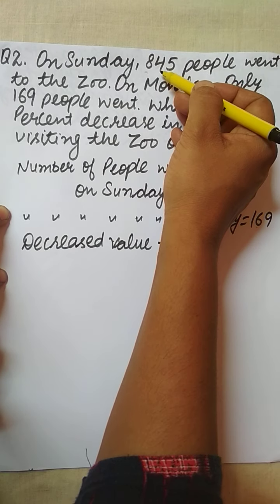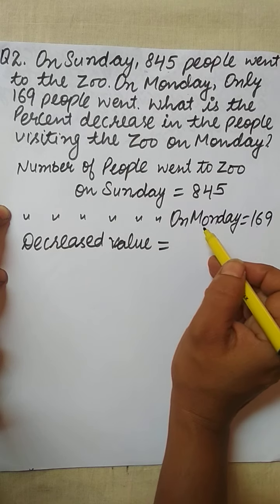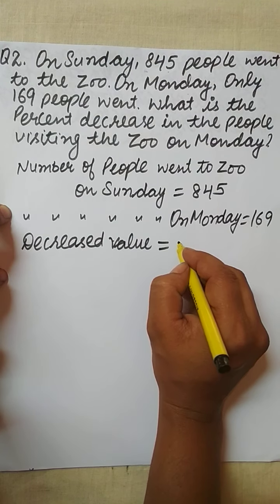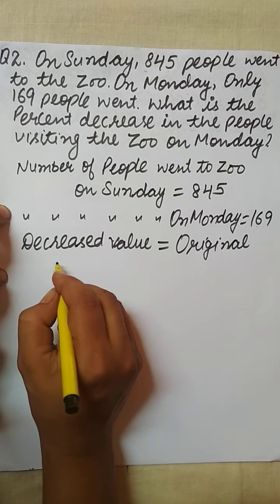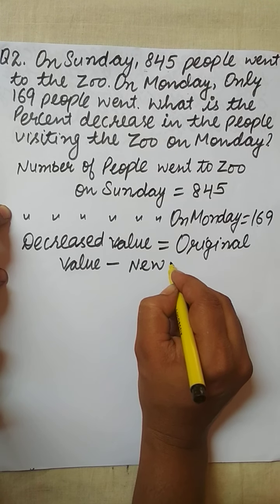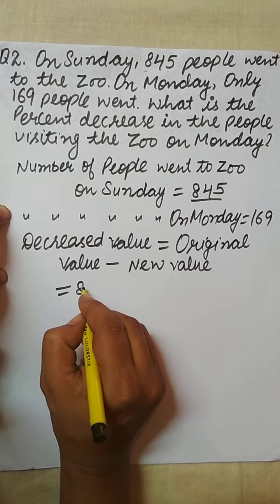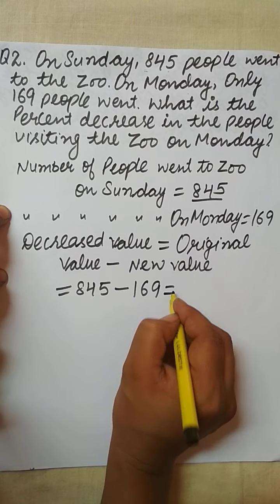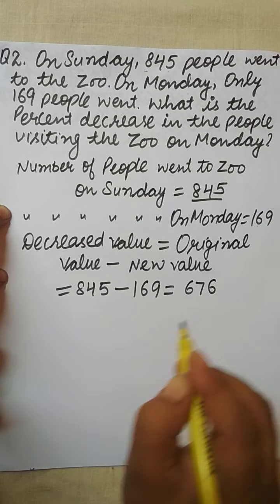On Sunday 845 people visited the zoo, and on Monday 169 people. Now original value minus new value: original value is 845, new value is 169. 845 minus 169 is equal to 676.